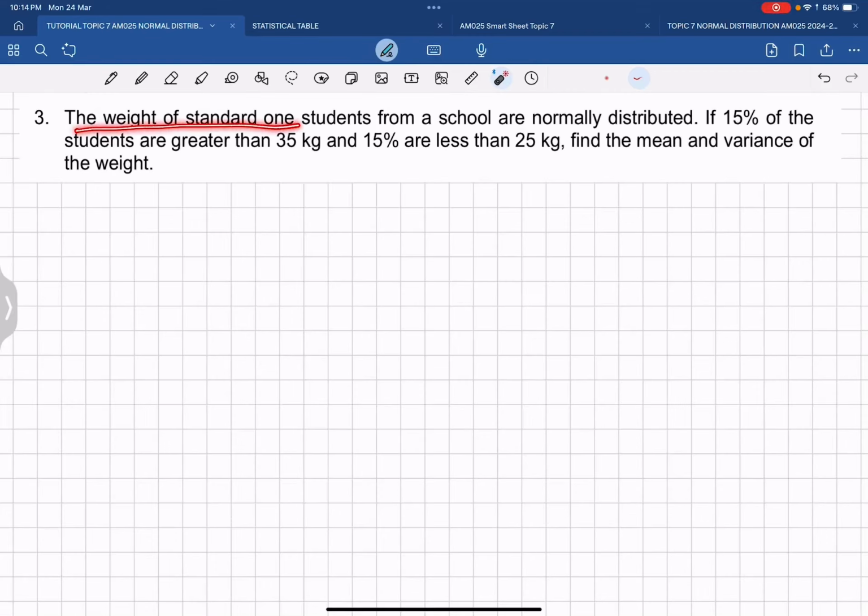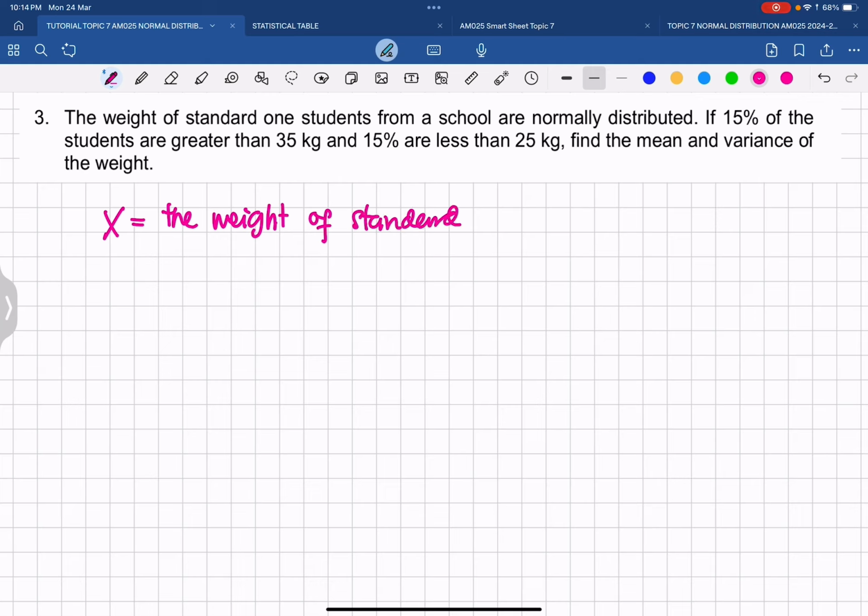The weights of standard 1 students from a school are normally distributed. So X is the weight of a standard 1 student. If 15% of the students are greater than 35 kilo, it means the probability X greater than 35 kilo is 15%.